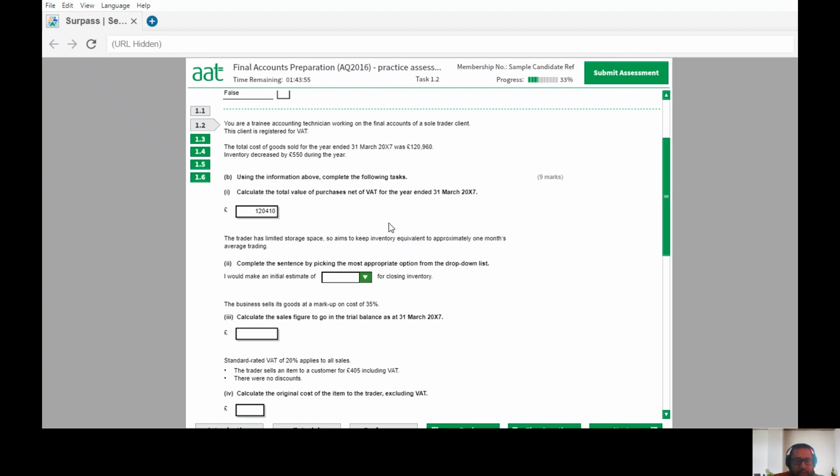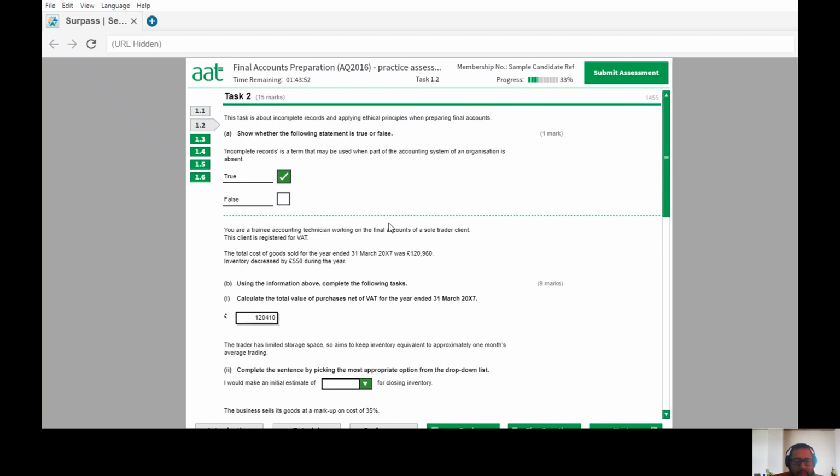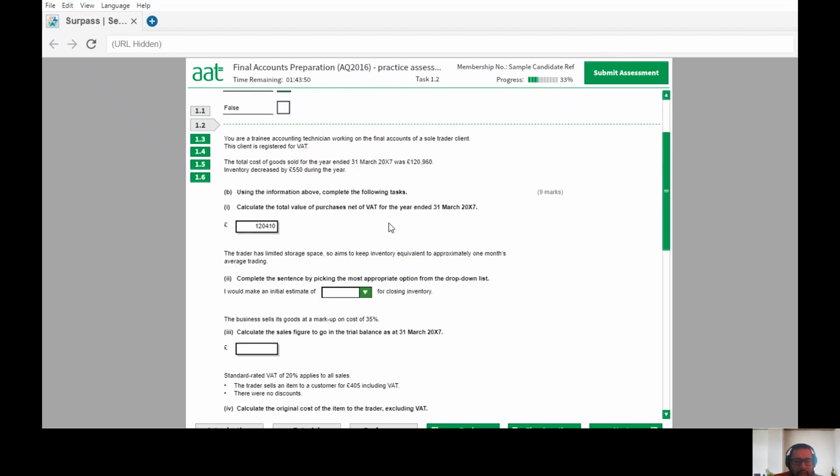Oh, here you go, they've also given you the sales, with a markup of 35%. If I know this is the total purchases for the year, what is going to be sold per month?